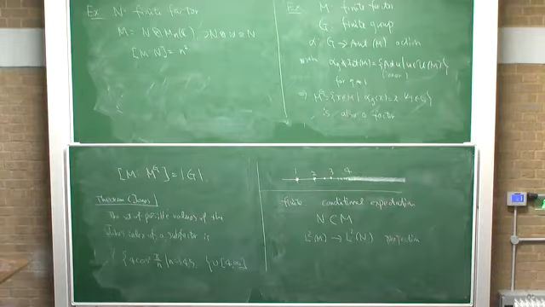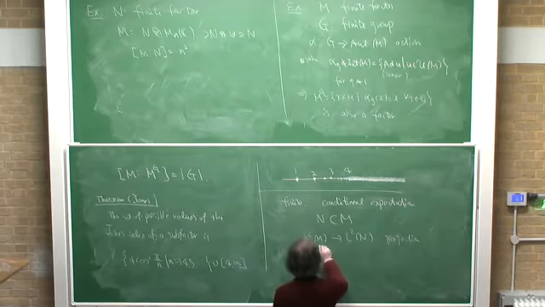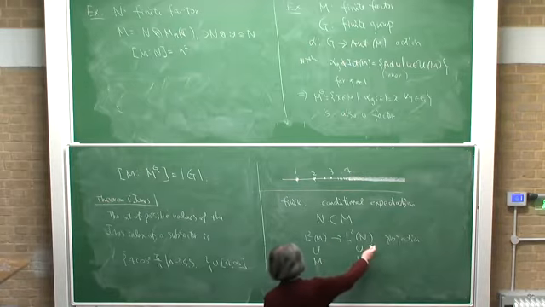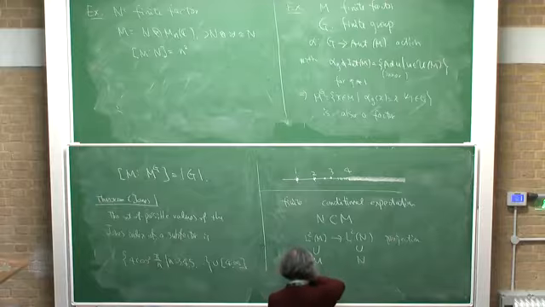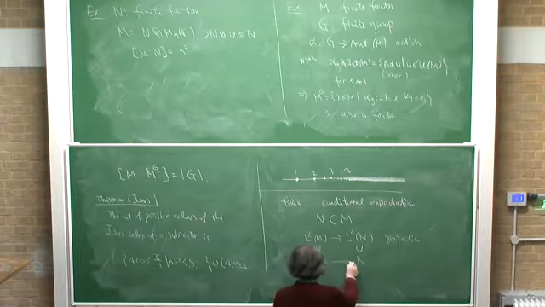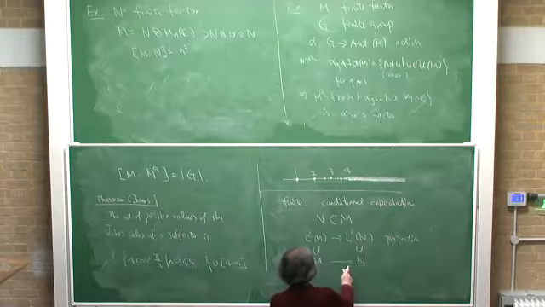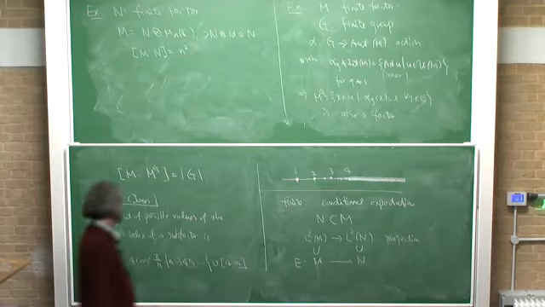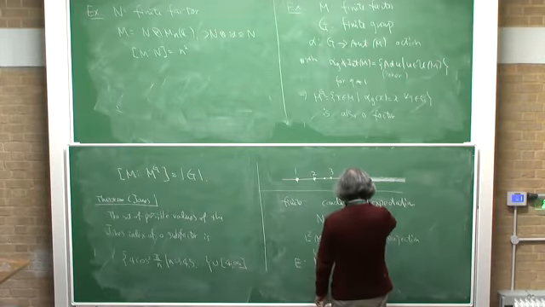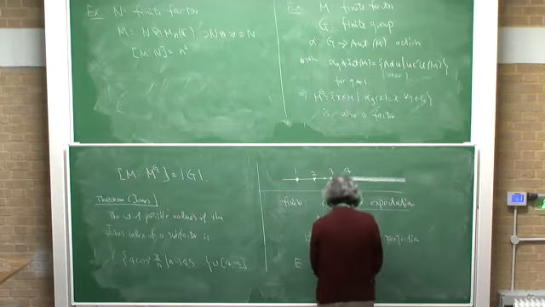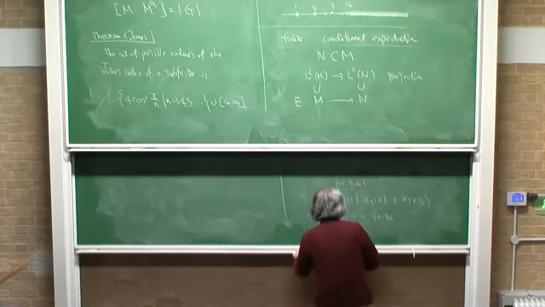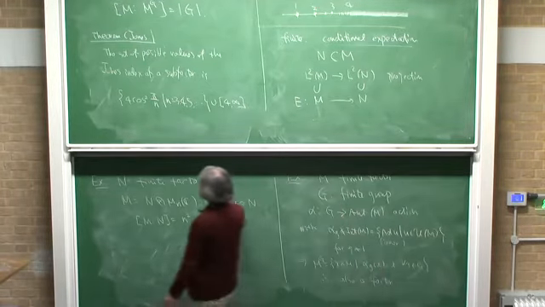L2 of M is a completion of M, so it contains M, and also this contains N. And then we restrict this projection to the subspace M. Then it turns out that this actually maps into M. And this is the conditional expectation, and we have the following properties. E is a bounded linear map.